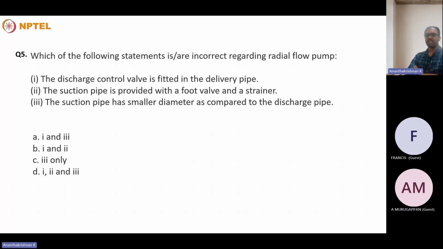Check the question once again. So incorrect.